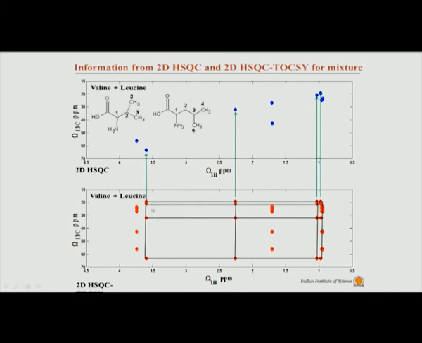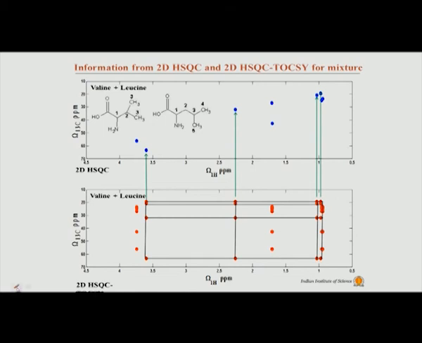So, this entire one molecule will have one connection, and similarly the other molecule. Now, if you look, this corresponds to these HSQC peaks. This vertical line corresponds to this peak on the x axis and y axis, and similarly each line corresponds to one peak in the HSQC, and this whole thing corresponds to one spin system. Now, the second spin system is basically the other peaks.